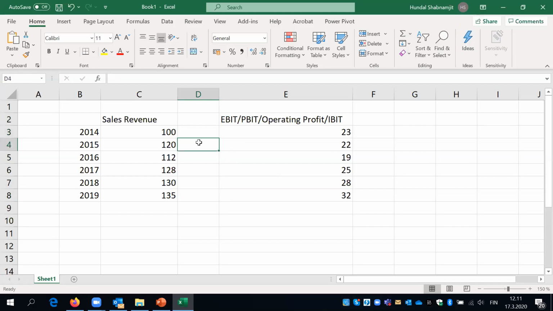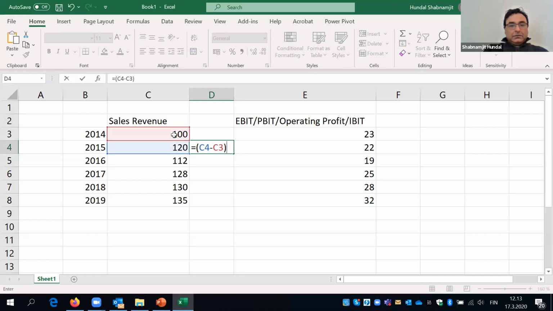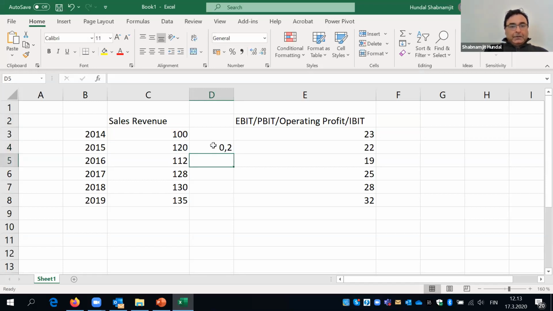So what we do here, we have the current value, 2015 year, 120, minus the previous. Use the brackets, otherwise it could be a big error, and the past value. So here, the current minus past divided by the past, and we drag it down.